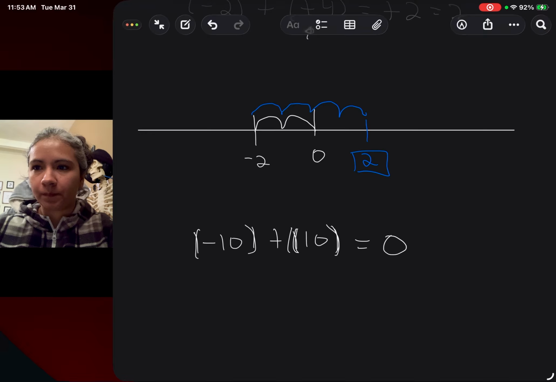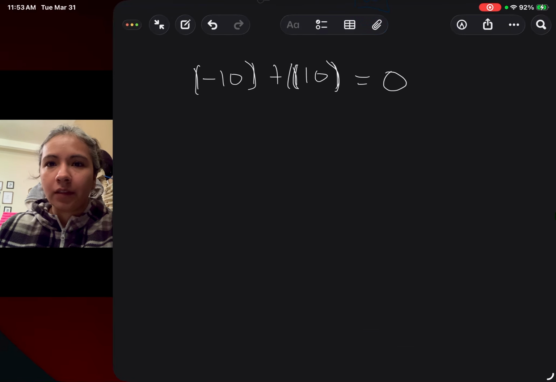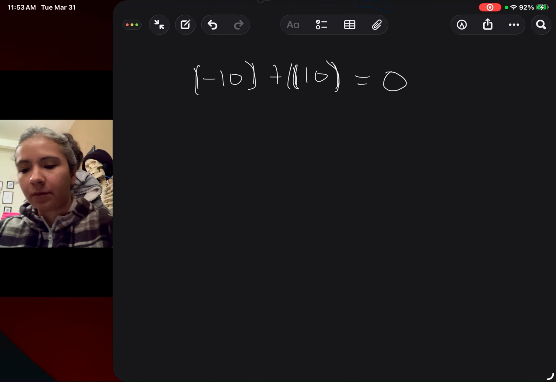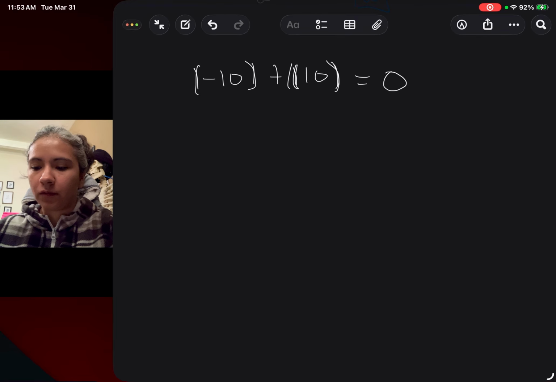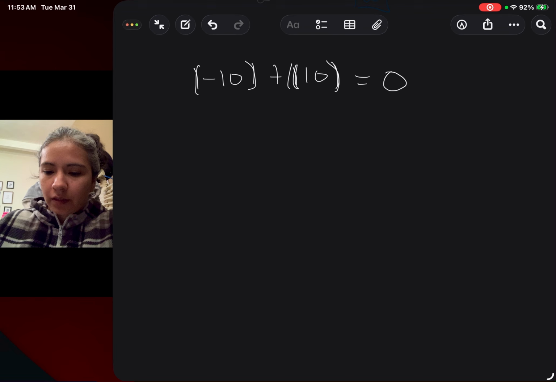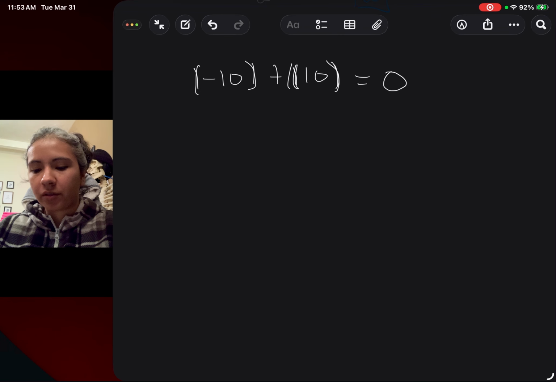So the rules for these are that the sum of two numbers with the same sign has an absolute value equal to the sum of their absolute values, and the sign is the same as the sign of the numbers.